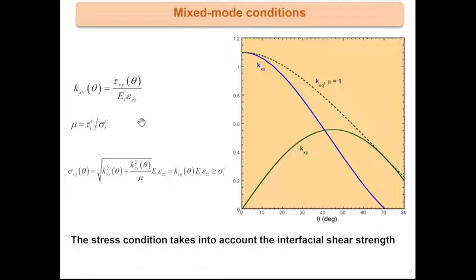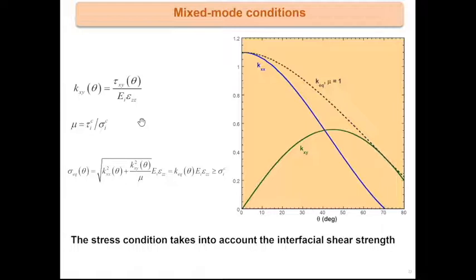So to do this, one solution is you have to modify the stress condition and you have to modify the energy condition. Not very complicated, but it can be done. So for the stress condition, you can introduce an equivalent stress. In this equivalent stress, you combine the normal stress and the shear stress.